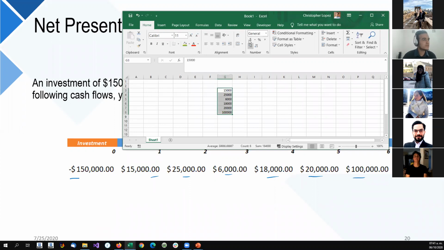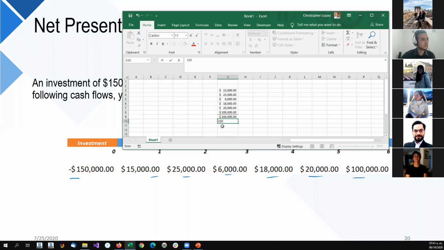So if you just don't know about the time value of money, and you just add up all the cash flows, and you say, okay, I just need to invest 150,000 pesos, and then you go, well, it's actually greater, right? This will be the investment, and we can call this the return.